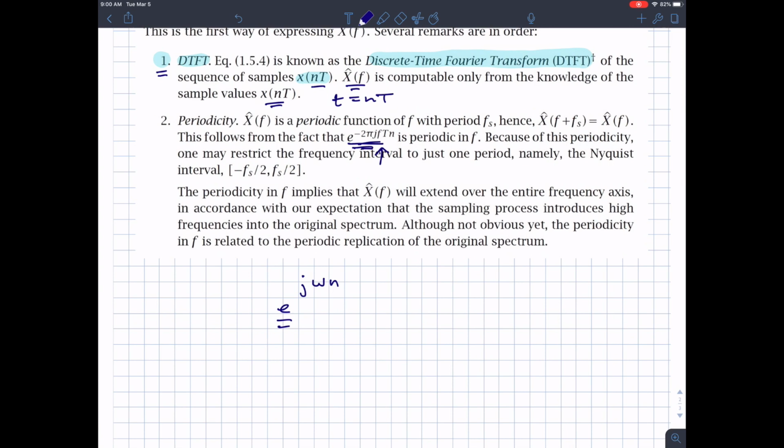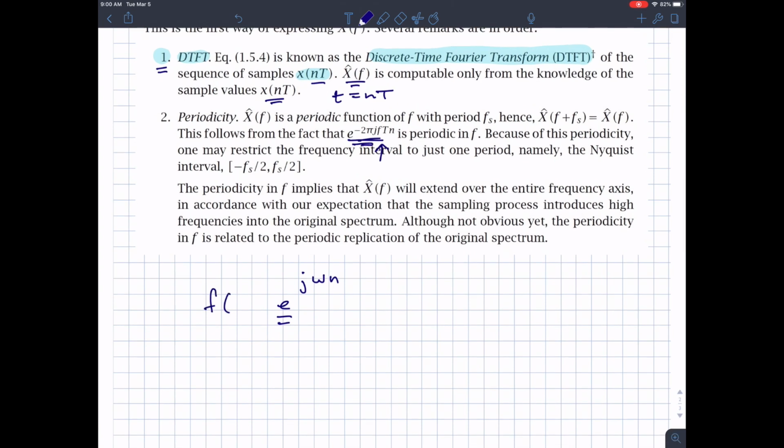Okay. What I want you to do is think about this as a function of omega. So I'll just draw a function of omega. If I take omega and I add 2 pi to it, what do I get? All right, properties of exponentials show me that I get e to the j omega n times e to the j 2 pi n.